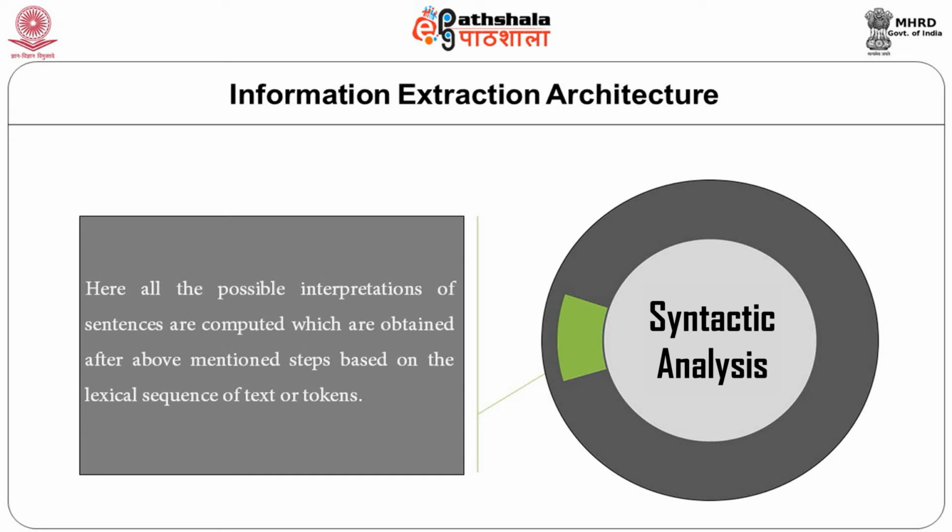Like in the architecture, in the diagrammatic representation that has been shown, we have already seen that there is some kind of lexical support also taken for the system, and here we try to arrive at some kind of interpretations of sentences, but at the syntactic level. We are not talking about the semantic level here.